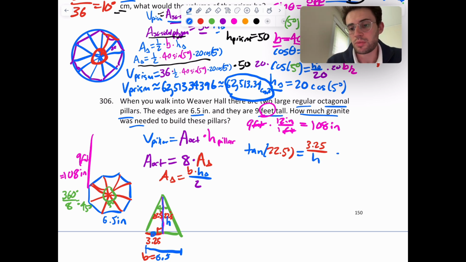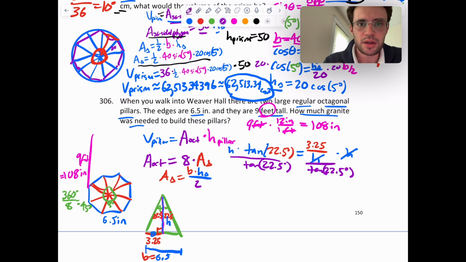We'll start by multiplying both sides by the height, which gives us just 3.25 on the right side, and on the left side, it's height times the tangent of 22.5 degrees. And now to get the height alone, we just divide both sides by the tangent of 22.5 degrees. All right, so that will give us that the height of the triangle is equal to, well, this cancels here, it's equal to 3.25 divided by the tangent of 22.5 degrees.